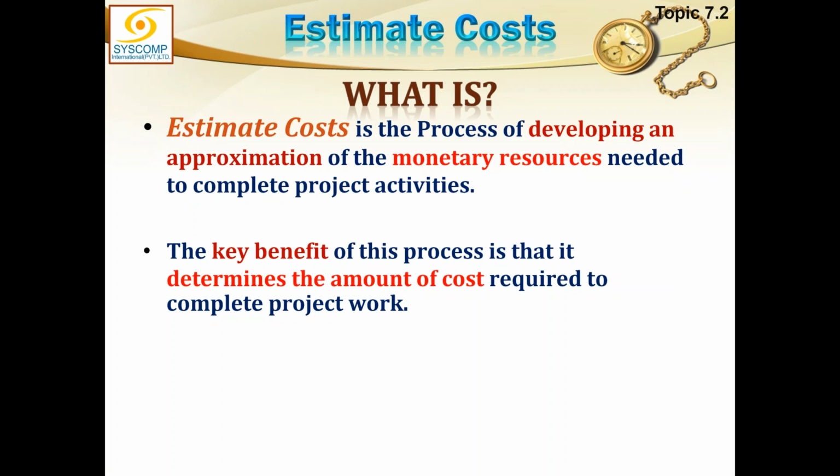More uncertainty is usually at the higher level. When I'm talking about the whole project, I can approximate that probably this much money will be spent. But while saying that, I did not mention what exactly the activities included are and how much each activity is going to cost. That much detail is only done during this process, estimate cost.